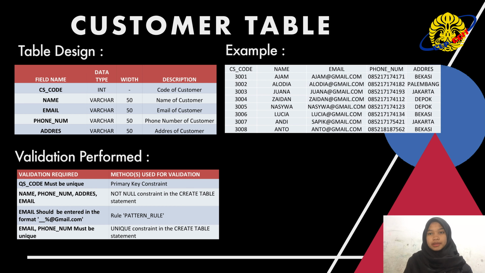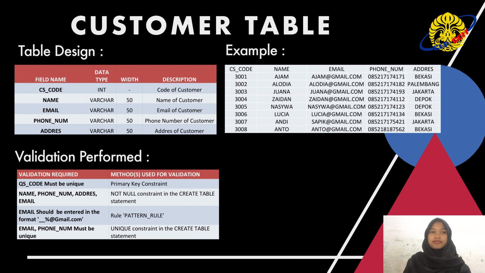Next, I will explain about the customer table. In the customer table, we have table design, validation perform, and example. In table design, we use integer data type for customer code, and varchar data type for name, email, phone number, and address.